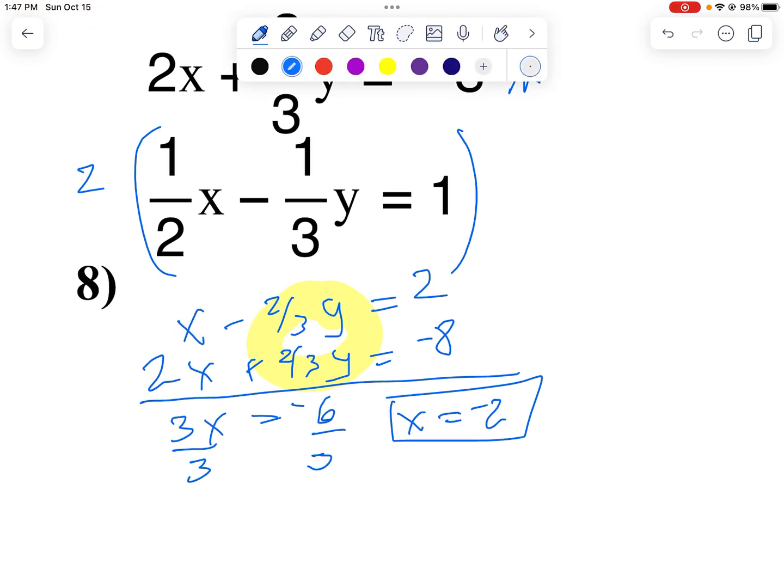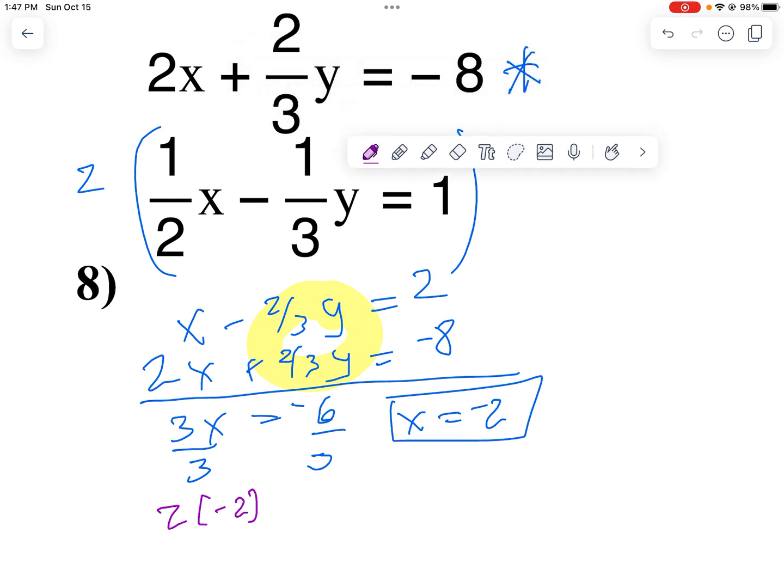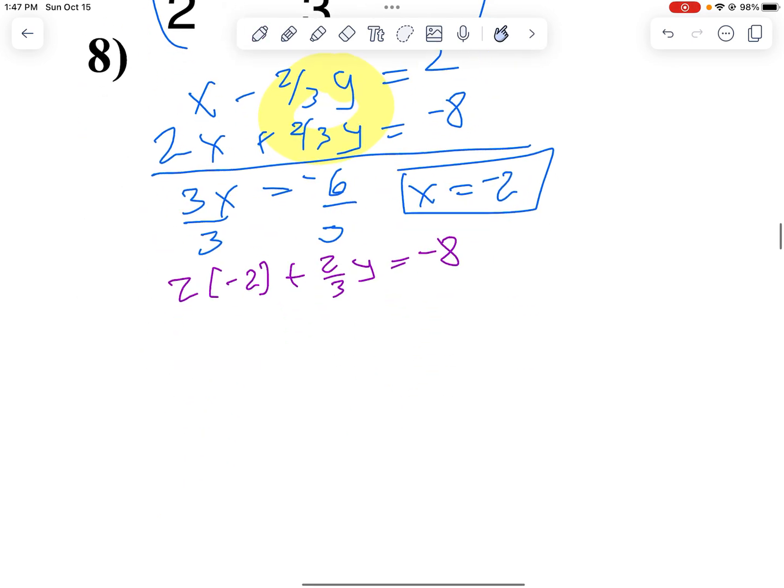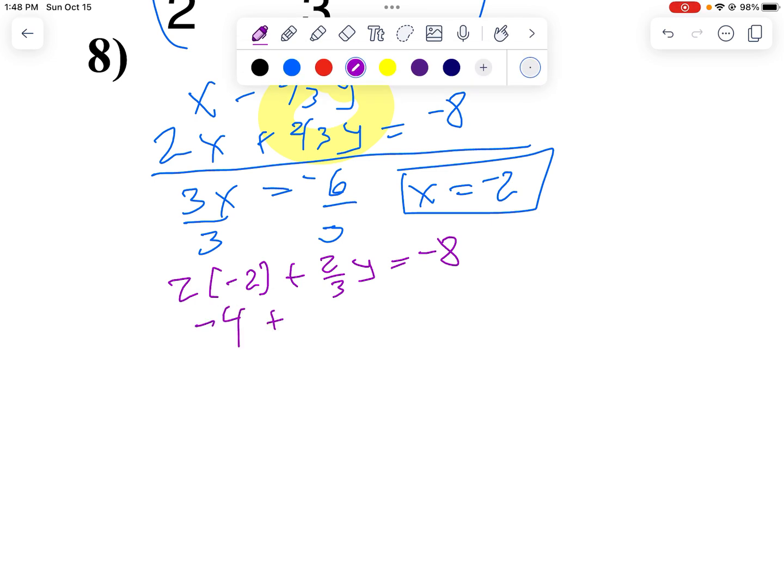So I'm going to say 2 times negative 2, and then we say plus 2/3 y equals negative 8. And so now we can simplify that equation. So we get negative 4 plus 2/3 y equals negative 8.